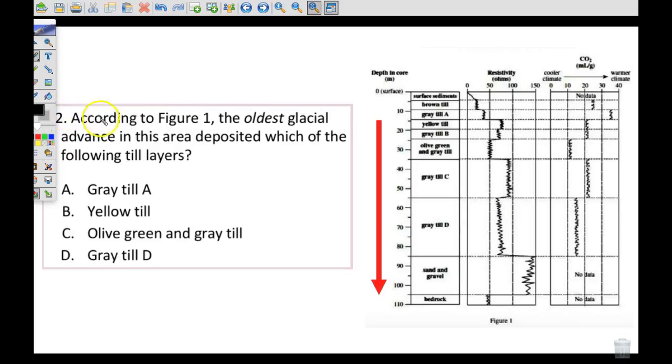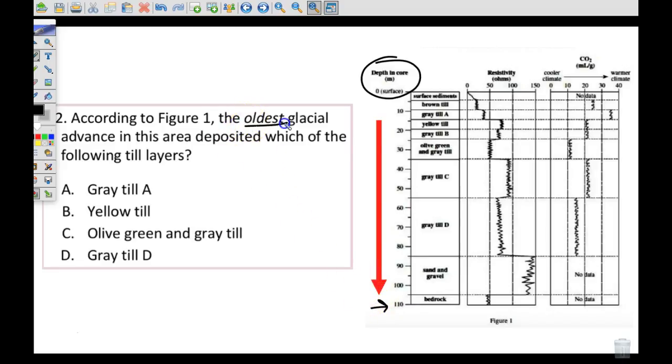And our second question says, according to Figure 1, the oldest glacial advance in this area deposited which of the following till layers? So you have to look at this part right here, the depth in the core in meters. We have to assume here that 0 meters, which is the surface, is the most recent deposit, while the material at 110 meters below the surface is the oldest.